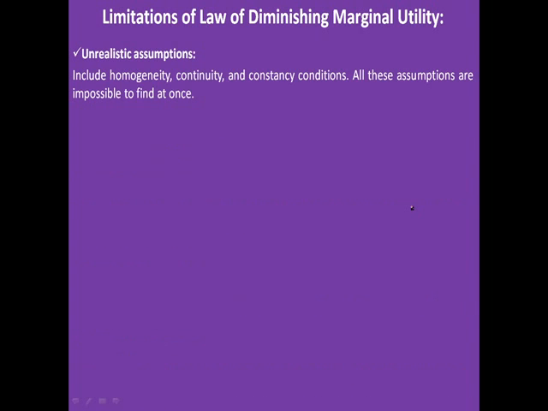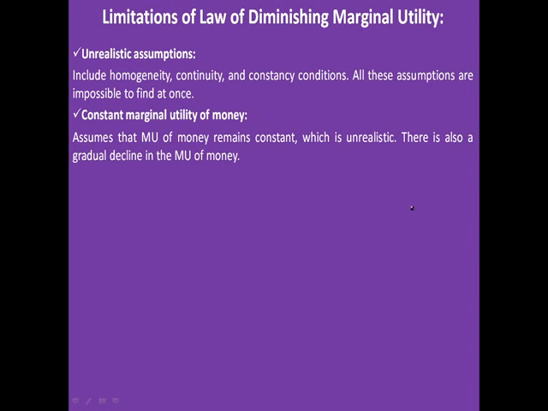There are unrealistic assumptions. This theory is based on unrealistic assumptions, that is homogeneity of the commodity, continuity in consumption, and constancy conditions, that is the taste and preference, income and prices of the consumer should remain the same. These are all unrealistic assumptions. Then there is constant marginal utility of money, another limitation.